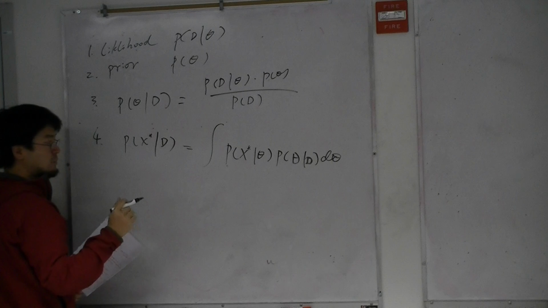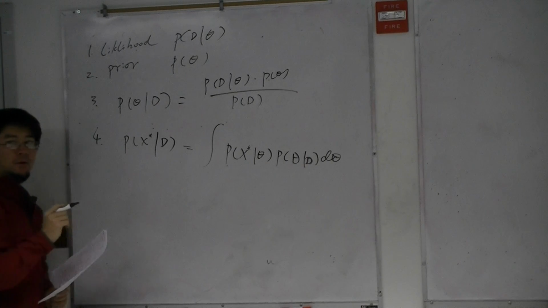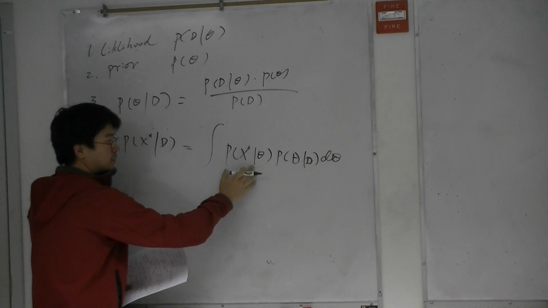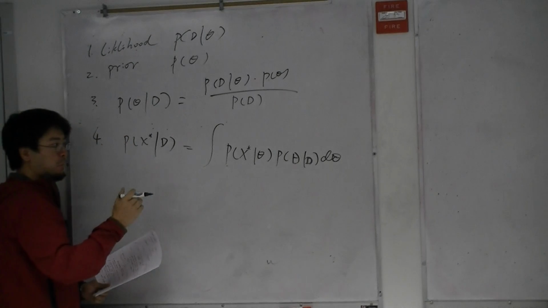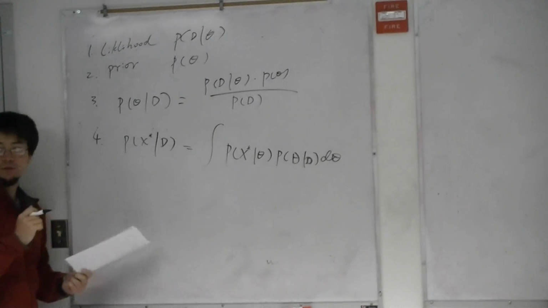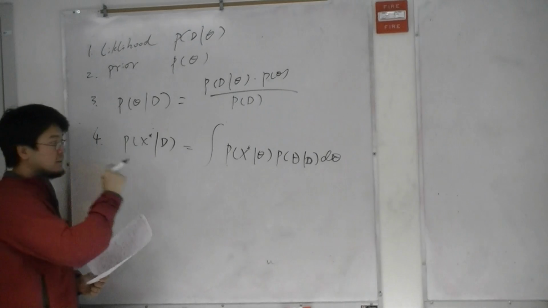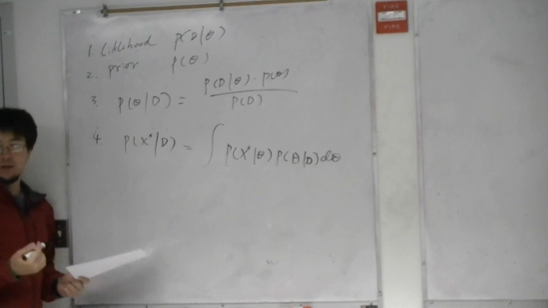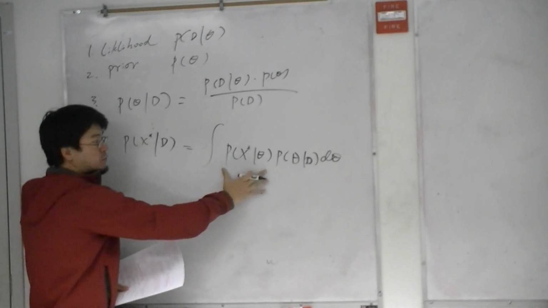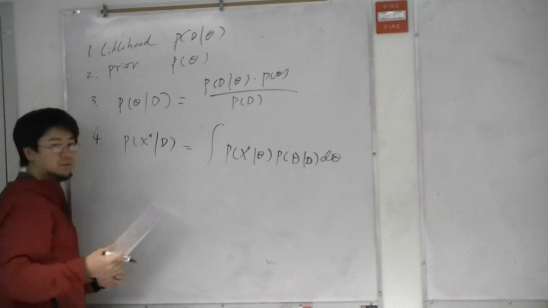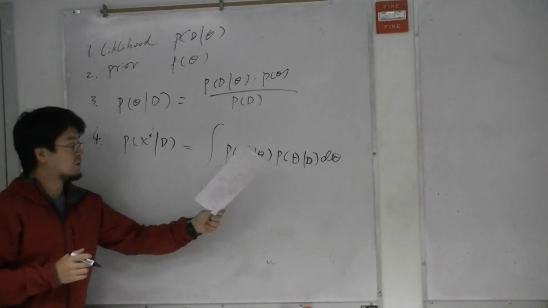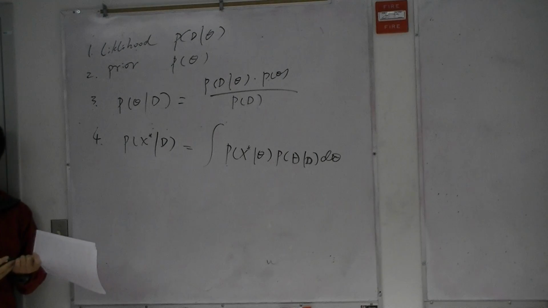For example, if we have a theta which has a very small probability, then when we multiply this and this, we have a relatively small value, because this term is small. And if we have a theta which has a higher probability given the data, which means it's very likely to have that theta, and then given that theta we compute this term, this term is going to have a higher weight. So if it's more likely, this value matters more. It's like averaging.